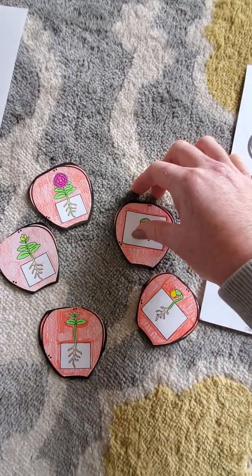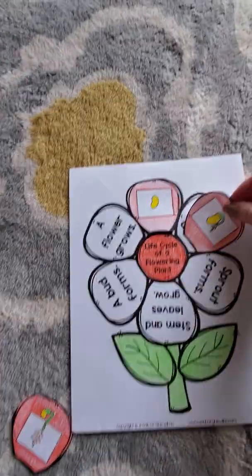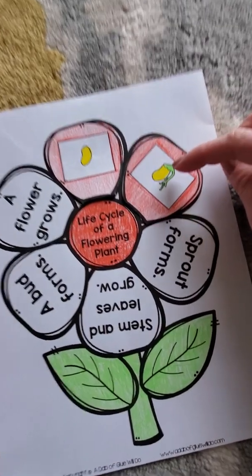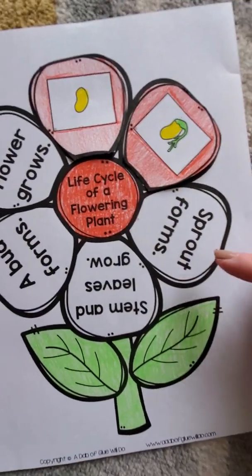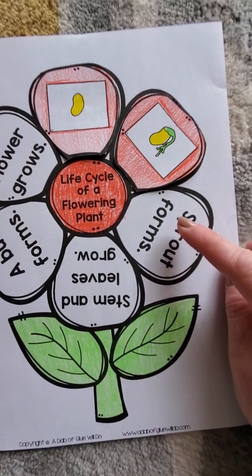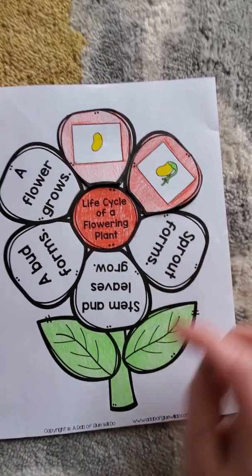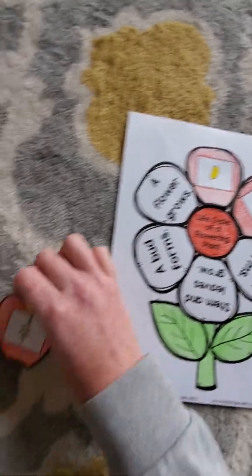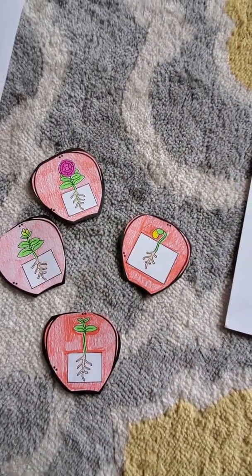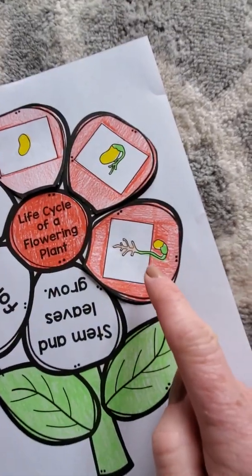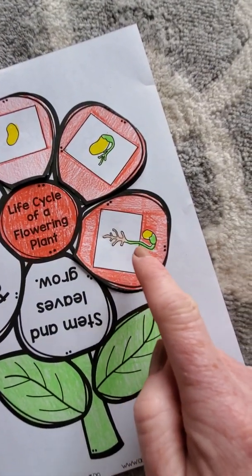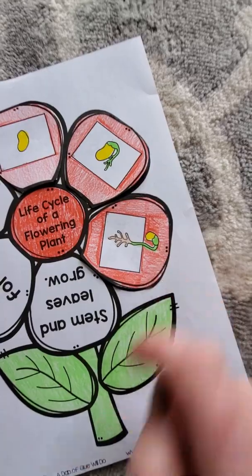Right here. So see the roots? I colored them green on this one, okay? The next step says sprout forms. We'll come back over to our pictures. And this is where the sprout starts to form. See that? The stem or the sprout starts to come out.